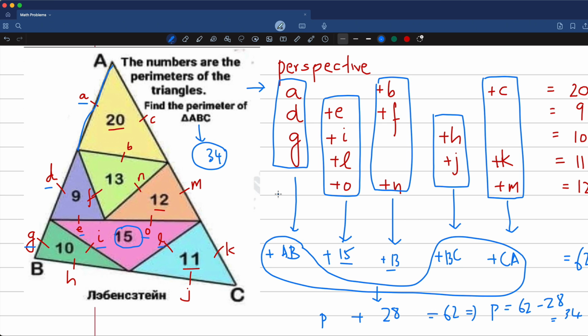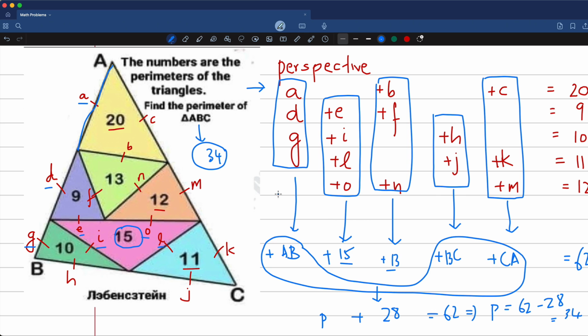If you got that, please share your comments saying how you got it, and a big hurrah to everybody who actually solved it. But what's the key takeaway from this problem solving approach? Being able to see things that are part of multiple entities. Like A being part of the yellow triangle as well as ABC.